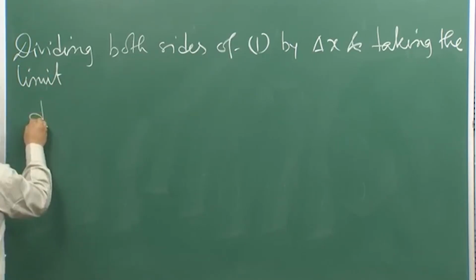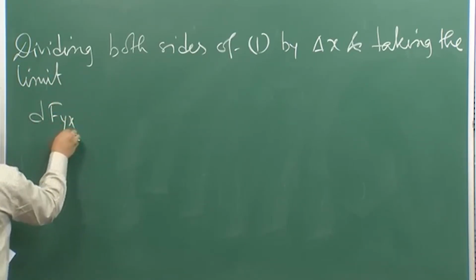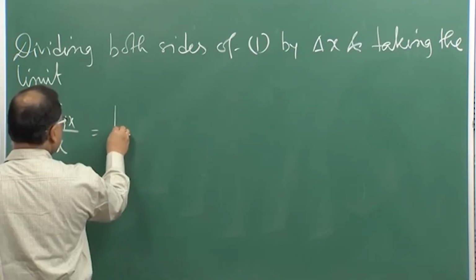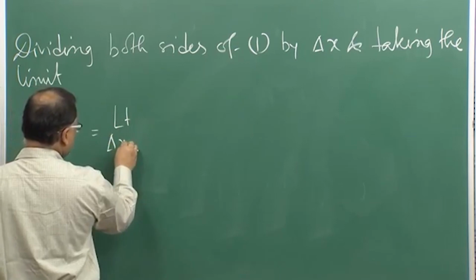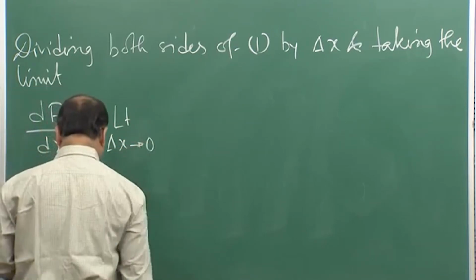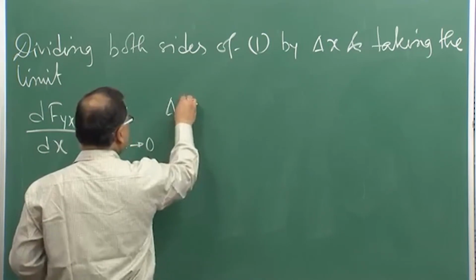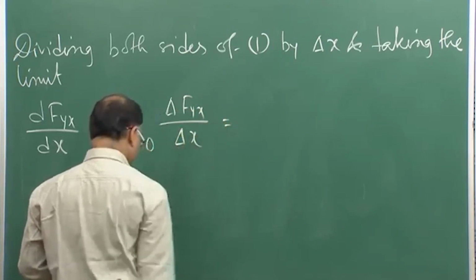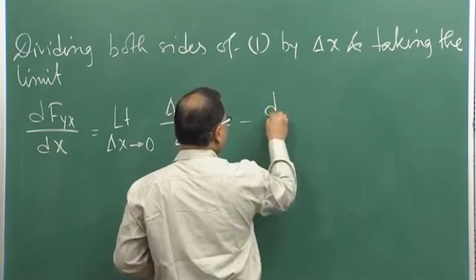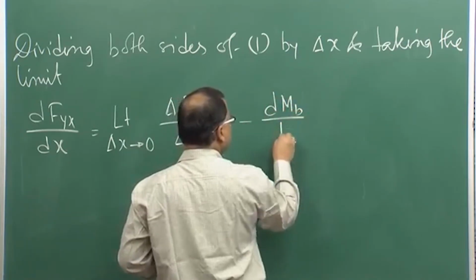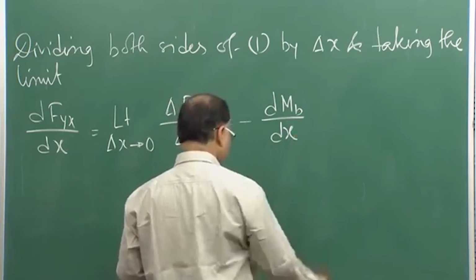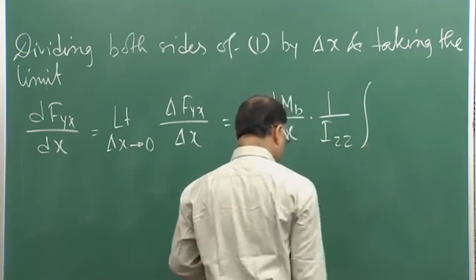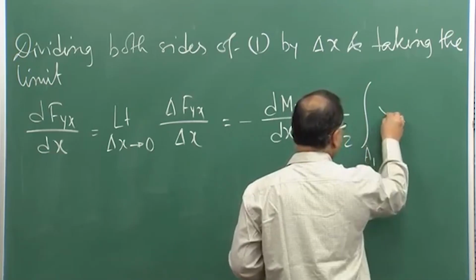Okay. So, that is nothing but dFyx/dx is equal to the limit delta x tends to 0 of delta Fyx/delta x, which is equal to dMb/dx into 1 by Izz, integration over the area A1 of y dA.